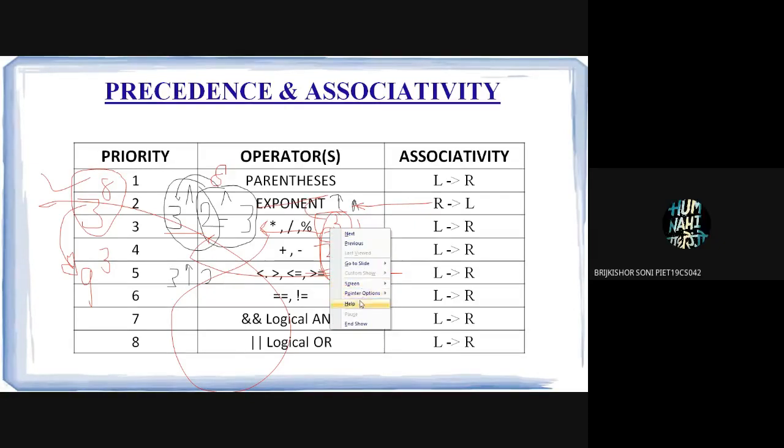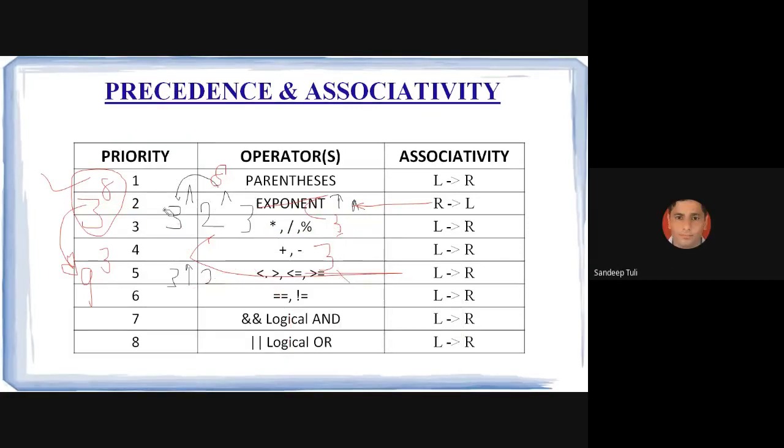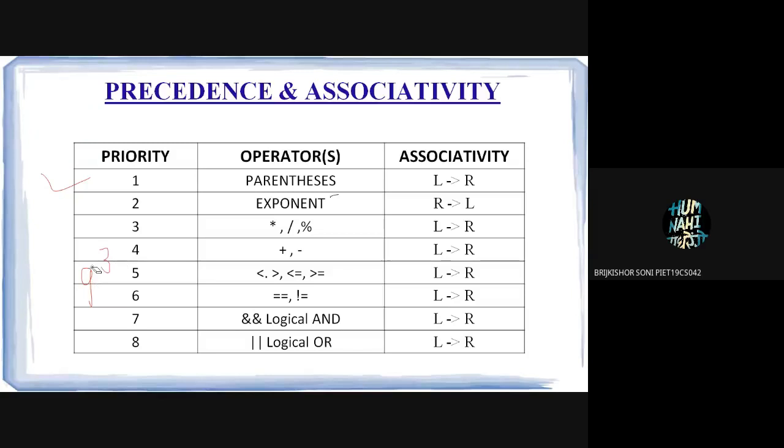Are you listening to me? Next case, I am asking: at the third number, the operators are multiply, divide, and modulus. Are they left associative or right associative? Left to right. Then the priority of the fourth is plus and minus.